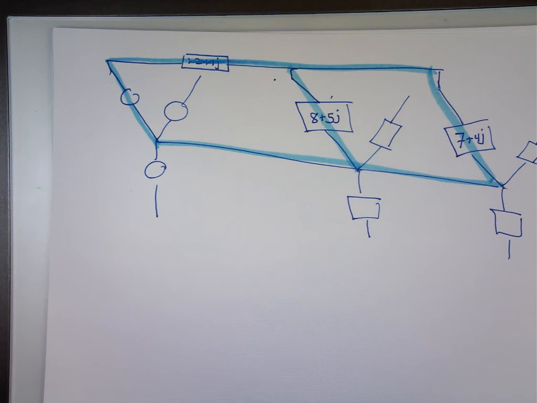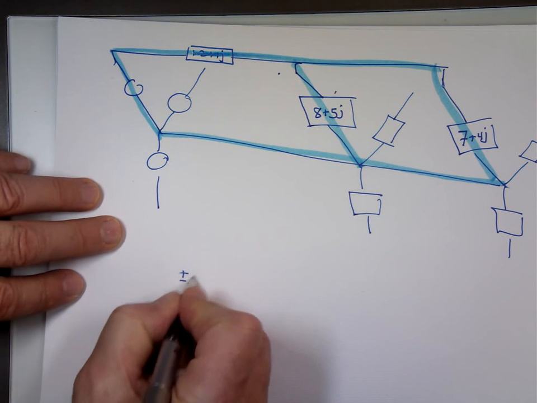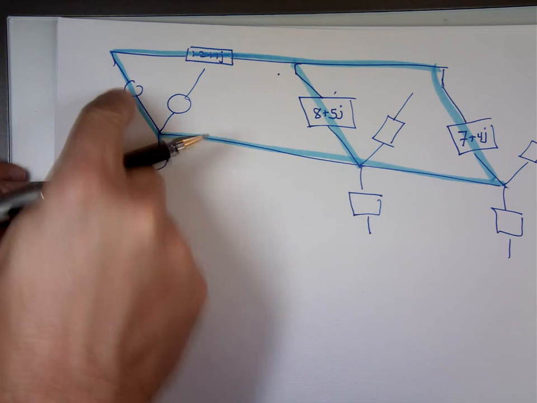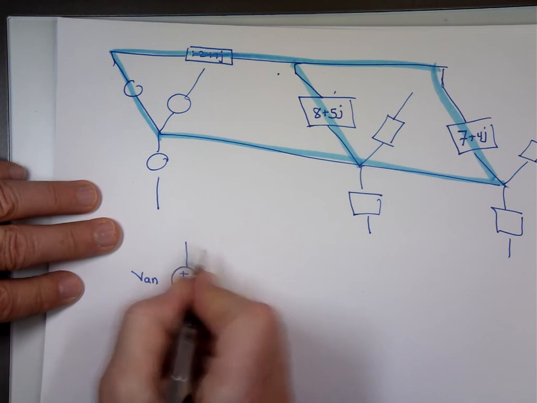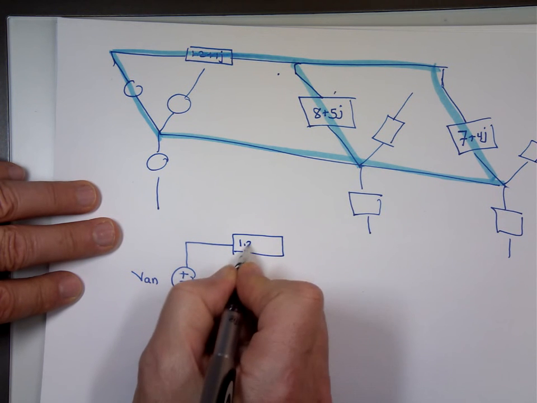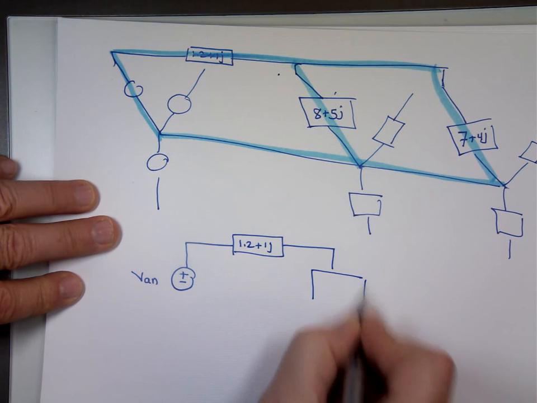So you have VAN. We actually have VAB. Now we're going to find VAN, we'll find it in a second. We have 1.2 plus 1j, and you have 8 plus 5j.